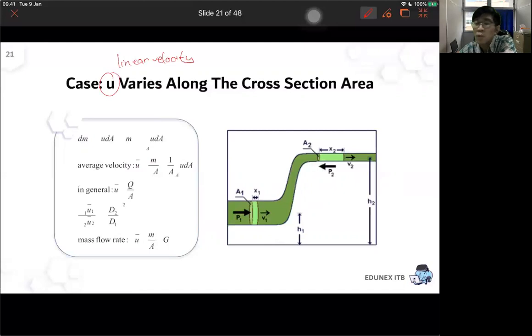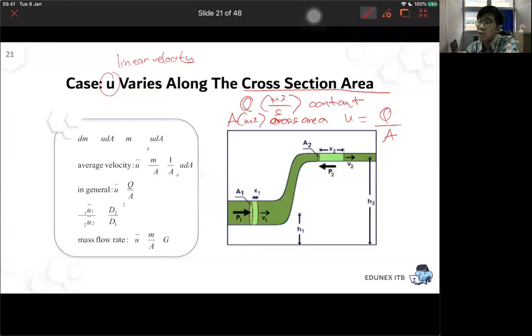But you already understand that for incompressible and steady state, Q is constant, right? So if Q is constant but the cross-sectional area is changing, then you just calculate at a certain point of the pipe: the linear velocity will be Q over the cross area. You just need to calculate the average velocity at a certain point.